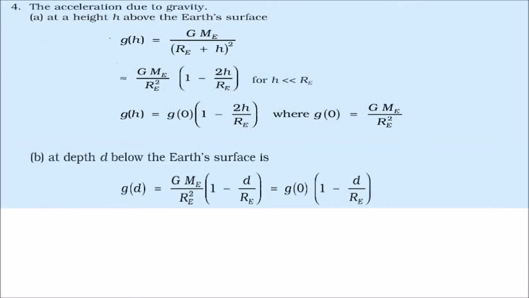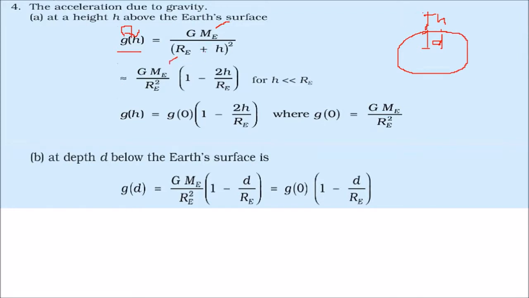For the acceleration due to gravity, there are two scenarios: one above the earth and one below the earth. Say this is d, the depth. At a height h above the earth's surface, gravity is a function of the height, given by g_h equal to G Me by (Re plus h) square. Me is the mass of the earth, Re is the radius of the earth, which is approximately 6400 kilometers, and h is this height.